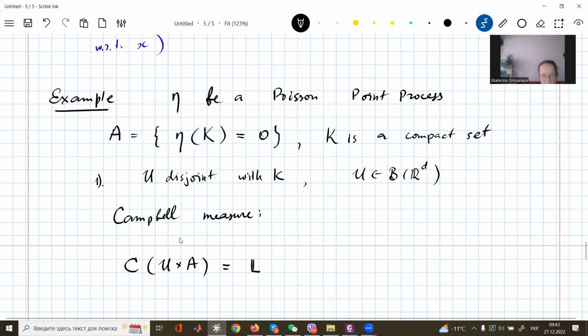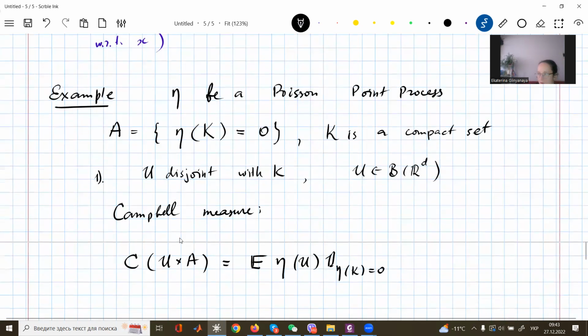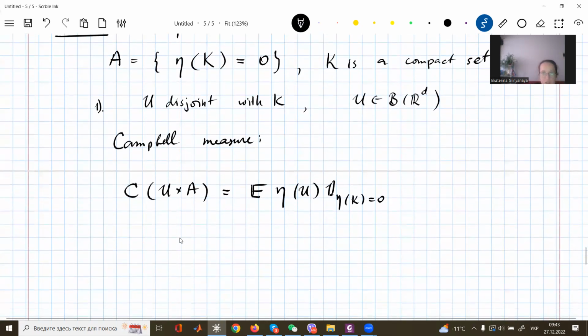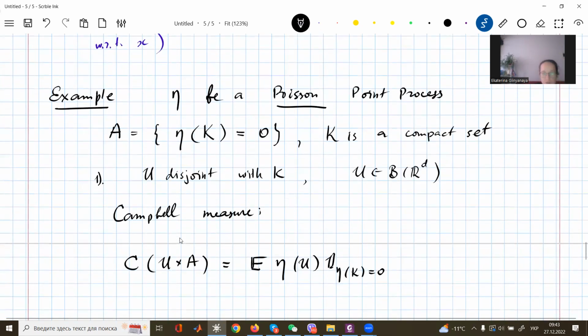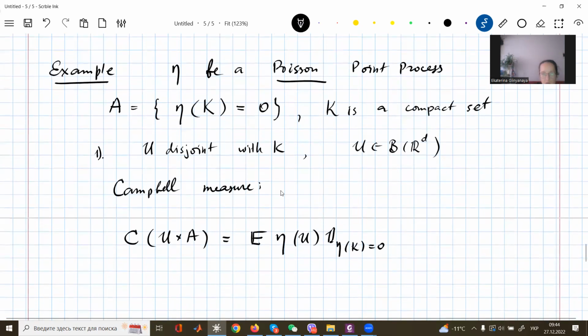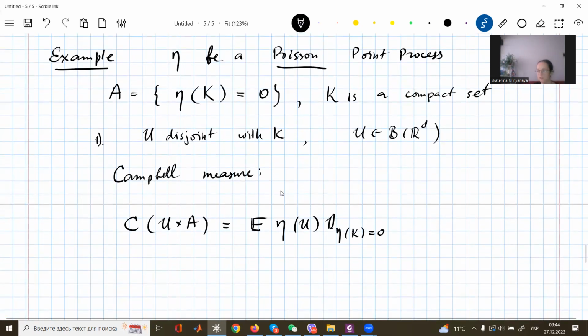So by the definition, this is just the expectation of the number of points in U, times the indicator that we have no points in K. Since I consider a Poisson point process, these subsets are disjoint, so I can use independence on disjoint subsets.